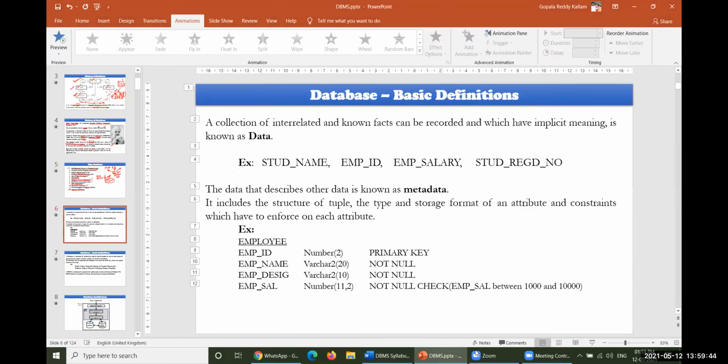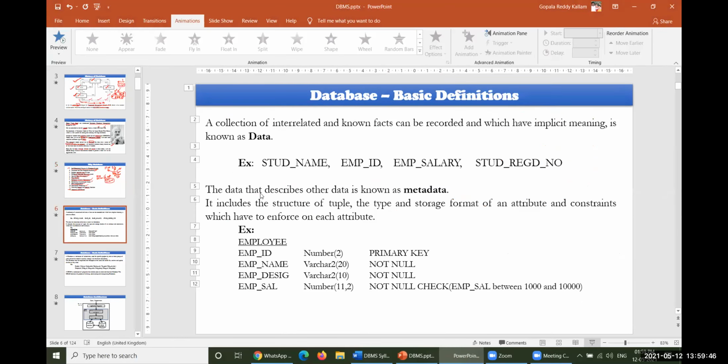So you can see basic definitions, in the sense of what is data, what is a database, metadata, and all those things. So let us consider here. Data is basically a collection of interrelated and known facts of one particular item.